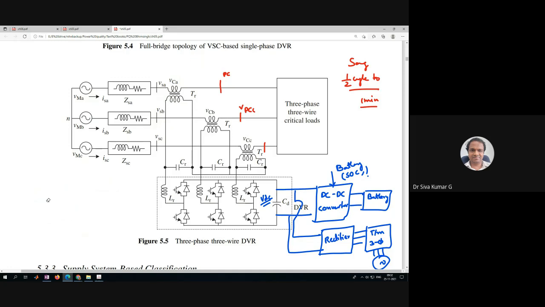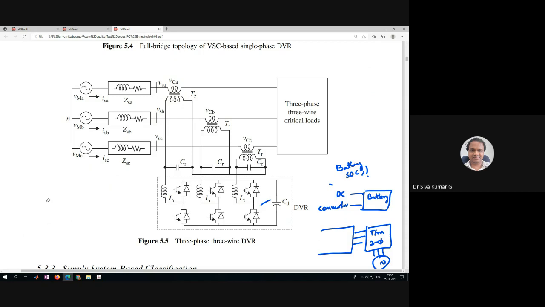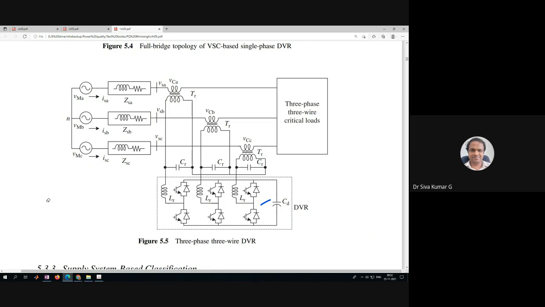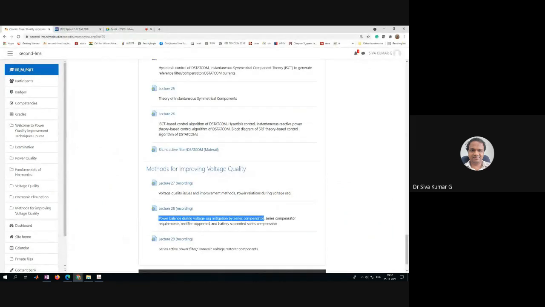Okay, please try to validate yourself whether, while correcting the voltage, the power is balanced or not. You can understand by going through the recordings. Okay, and then series active power requirements, rectifier supported and battery supported.